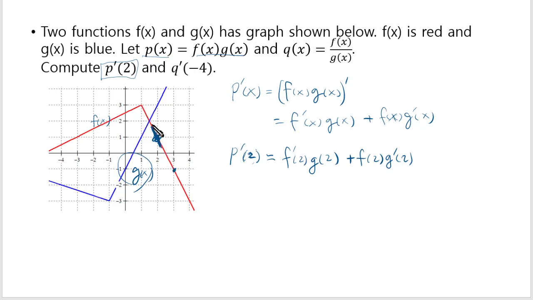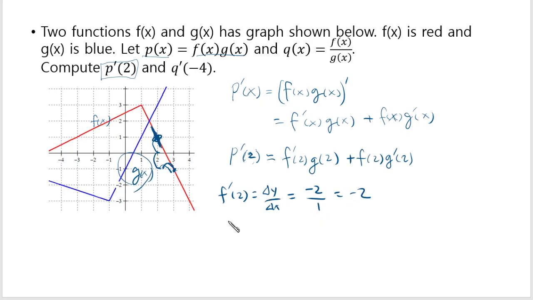Since we're only interested in the slope right here, we just have to pick another point on the same line and figure out the slope from here to there. Going from here to there, you go down 2 and you go right 1, so the rise is -2. So f'(2) is change of y over change of x: you go down 2 and you run 1. So f'(2) is -2.